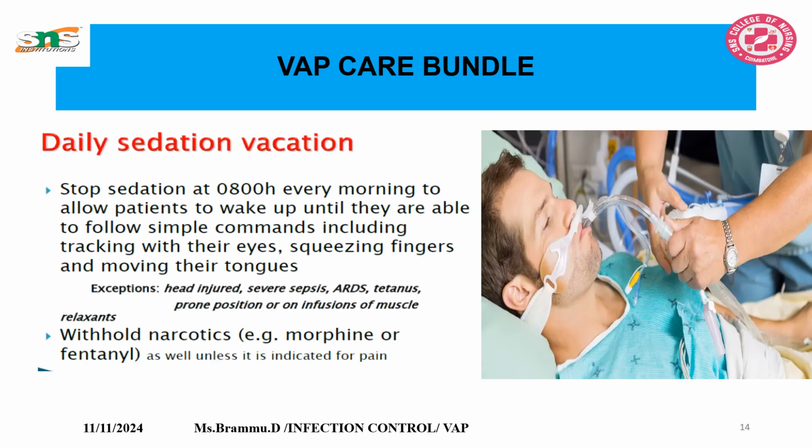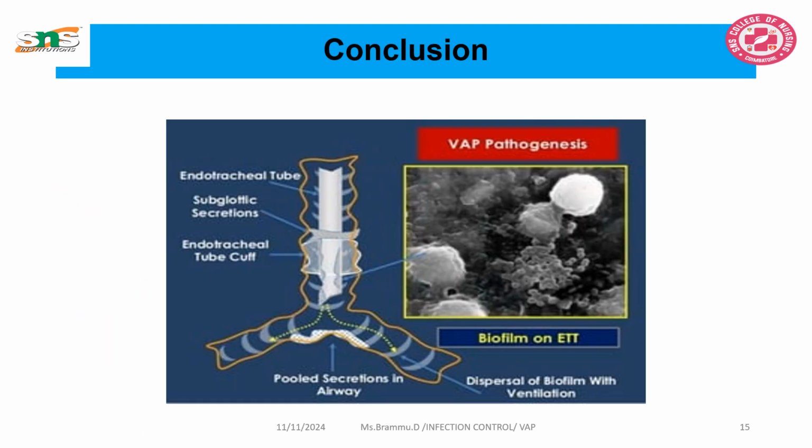Daily sedation vacation means you stop the sedation every 8 o'clock in the morning, and then we see how the patient responds to commands, that is eye, verbal and motor response. Of course verbal response is impossible because of the ET tube in place, but we can assess the eye response and the motor response and then we can continue.